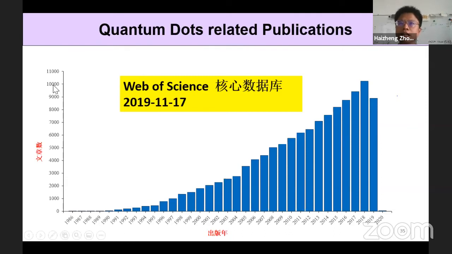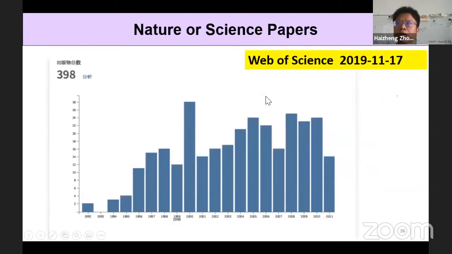Each year there are about 10,000 papers published right now, and there are still many important ones published in Nature and Science, which means that the topic of QD is still very interesting and receives a lot of attention.